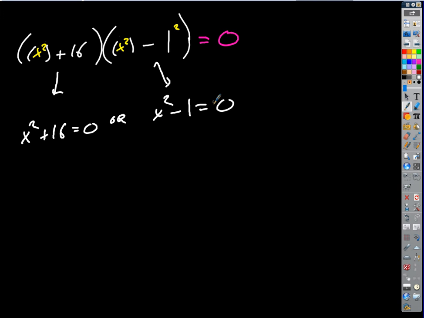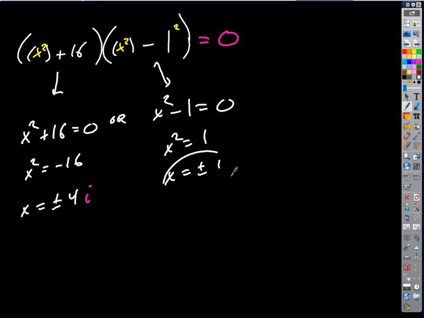Subtract 16, square root both sides, so x would equal plus or minus 4i, because I'm square rooting a negative. And then over here on this one, we would just get x squared equals 1, so x equals plus or minus 1. So I get 4 complex zeros, right?